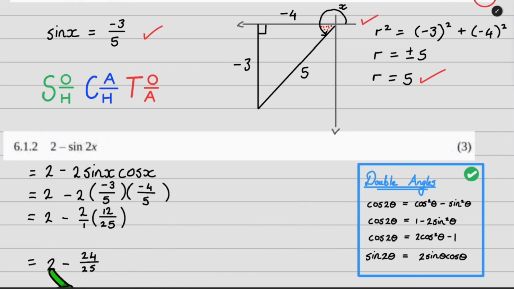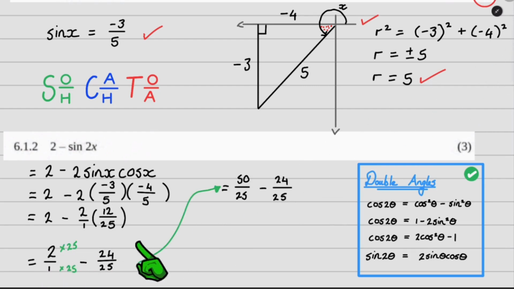And now I'm subtracting two fractions, so I'm going to get the LCD and then subtract them. So I change this to 2 over 1. And to get an LCD of 25, I'll need to multiply this 1 by 25, and whatever I do to the bottom, I need to do to the top.